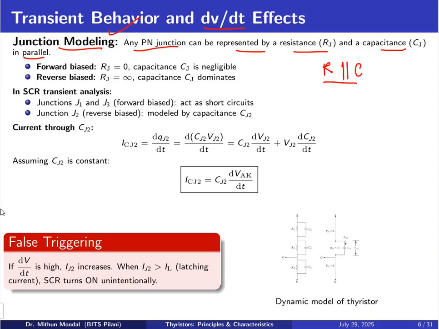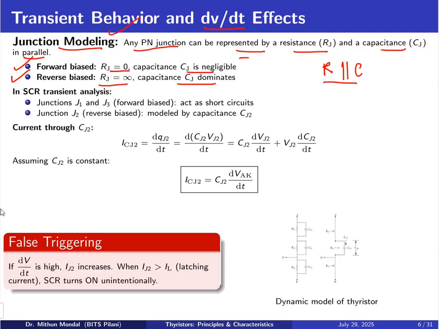That is the formation of the PN junction. Now there may be two conditions, either it is forward biased or reverse biased. In the forward bias condition, the resistor value will be equal to 0 and the capacitance will be negligible, while in the reverse bias condition, the resistor will be infinite and the capacitance will dominate.